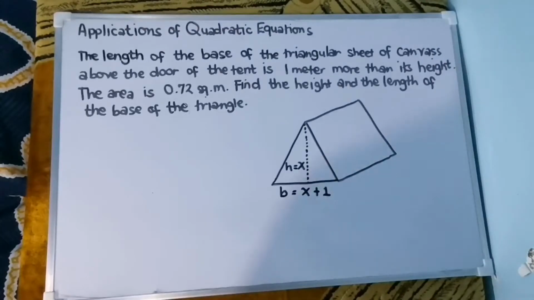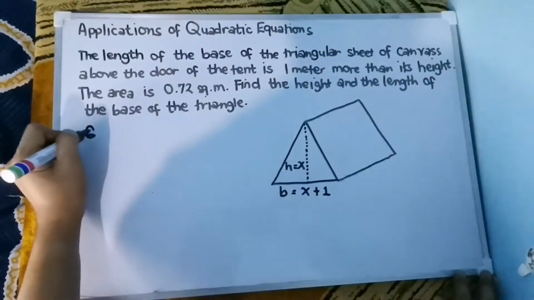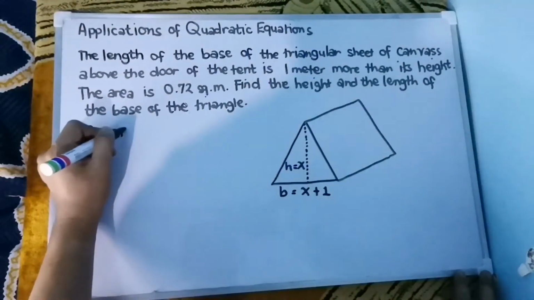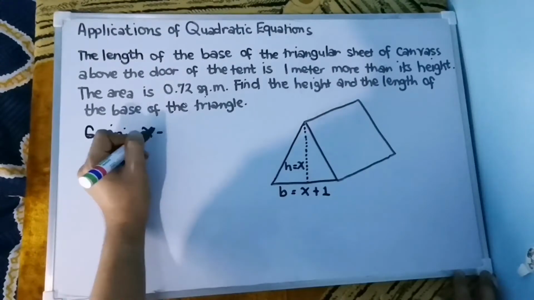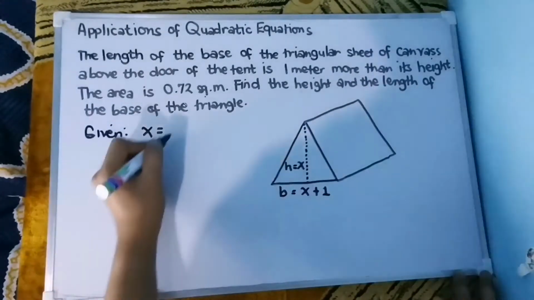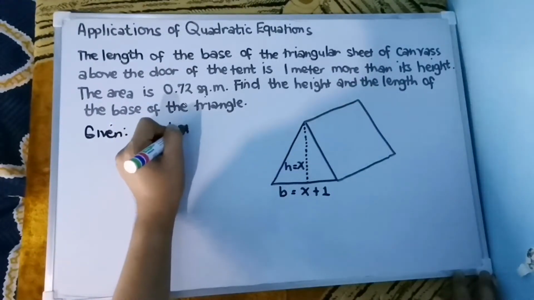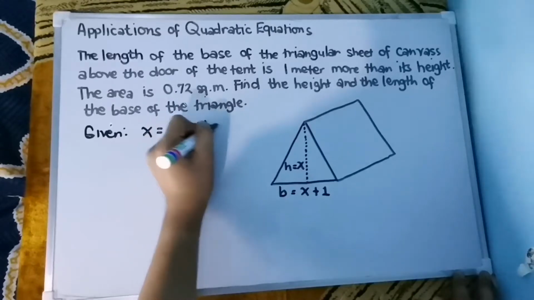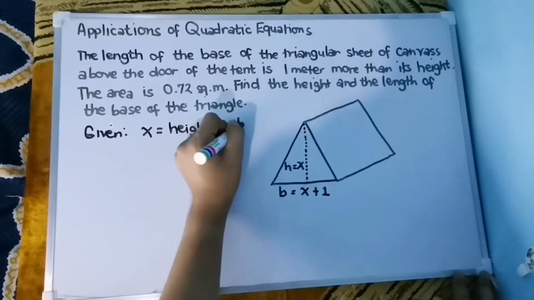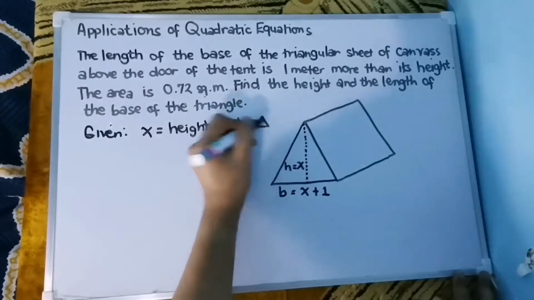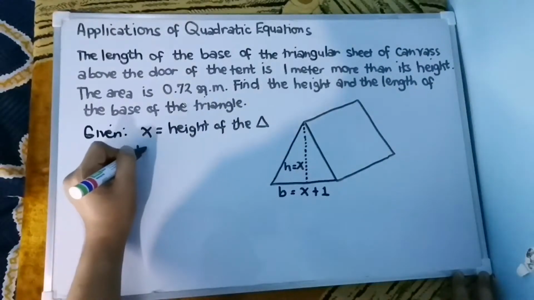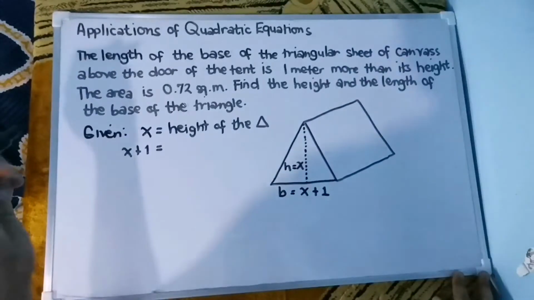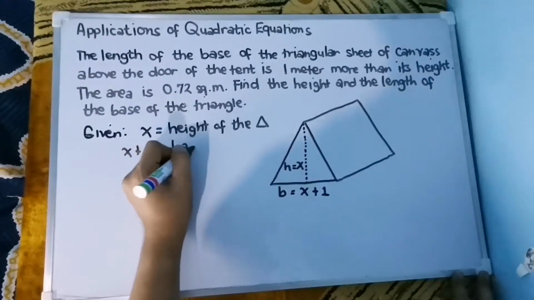So in understanding the problem, we need to write the given. So what are the given in our problem? So we have x as the height of the triangle, and we have x plus 1 as the base of the triangle.